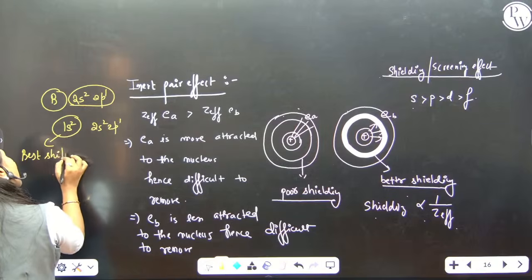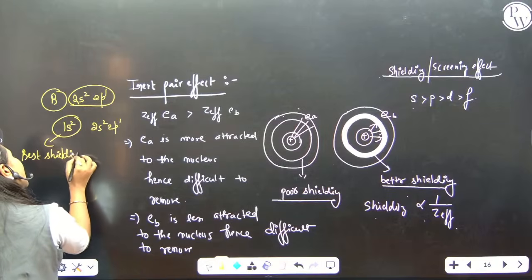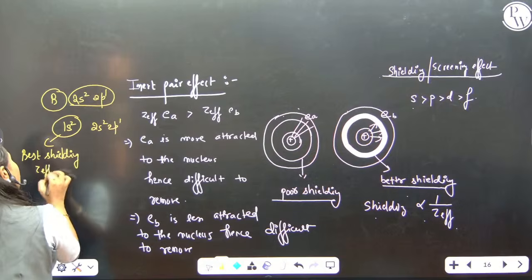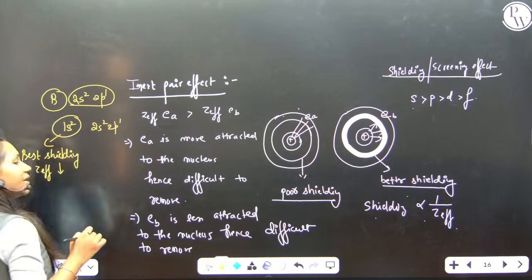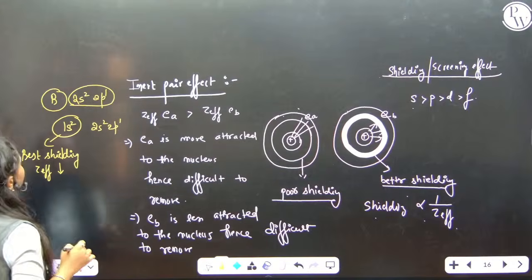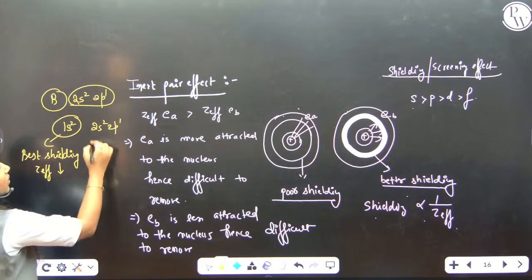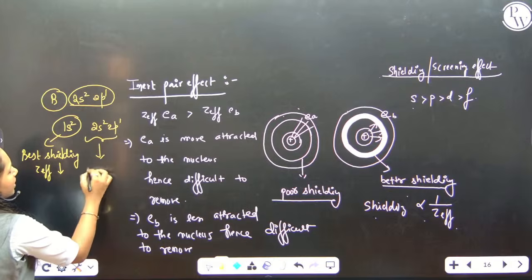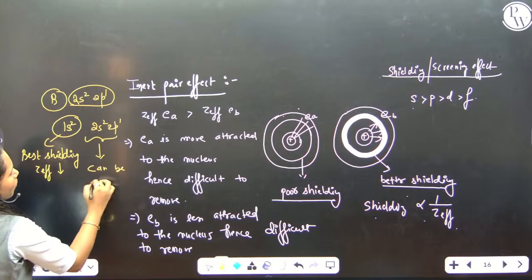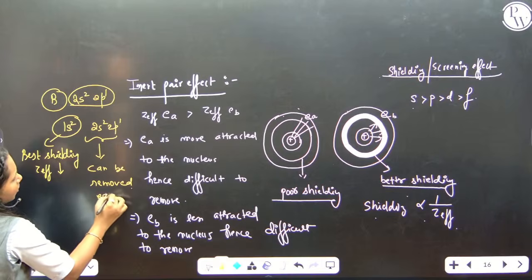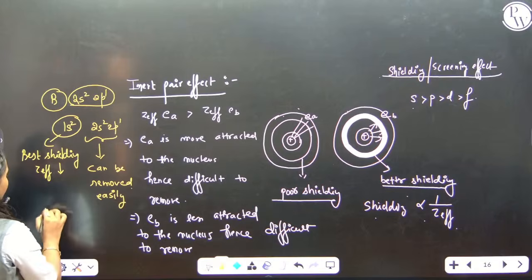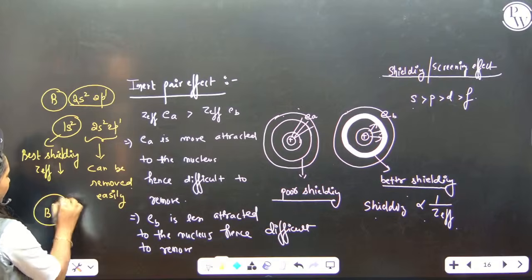If the shielding is best, Z effective is less. Z effective is less means these electrons can be removed easily. If they can be removed easily, boron can show +3, right?